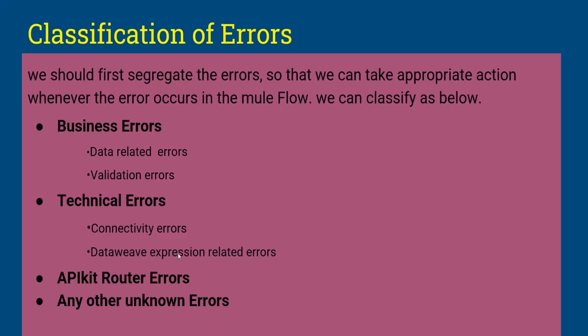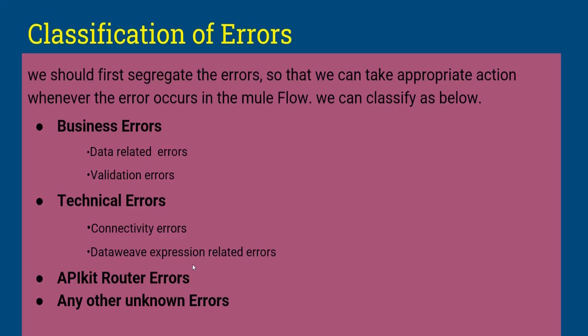Then technical errors: any connectivity errors, like we have discussed while connecting to a database or any other connector. If you had any connectivity error, that is a connectivity type of error. Another one, specific to MuleSoft, is DataWeave expression related errors.